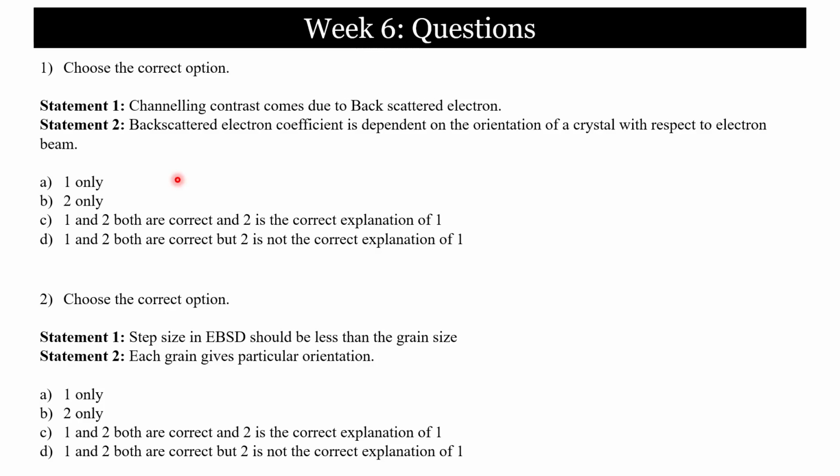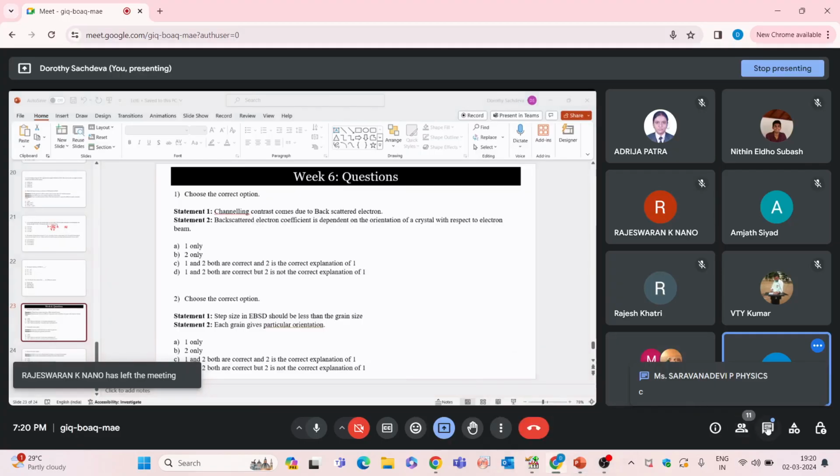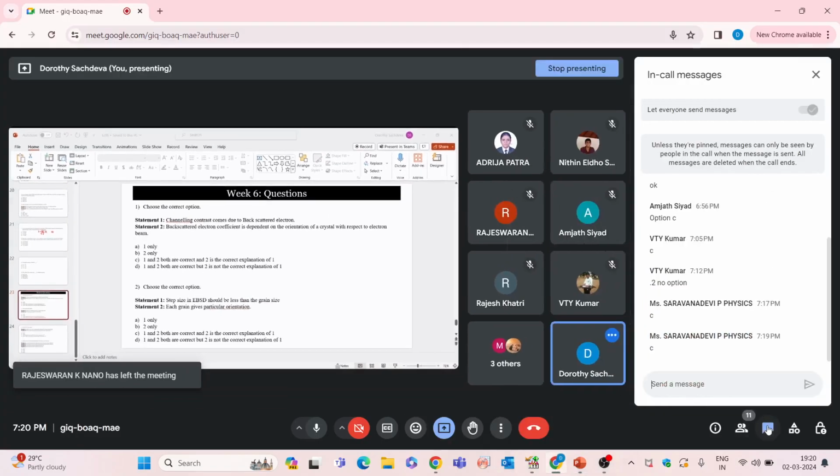So the channeling contrast comes due to the backscattered electrons. So statement 1 and statement 2 both are correct. So is statement 2 the explanation of statement 1 or not? Yes, it is the explanation for statement 1, so option C is the correct answer in this case.